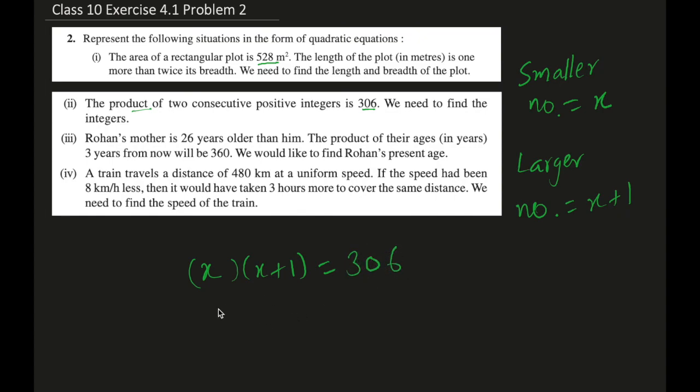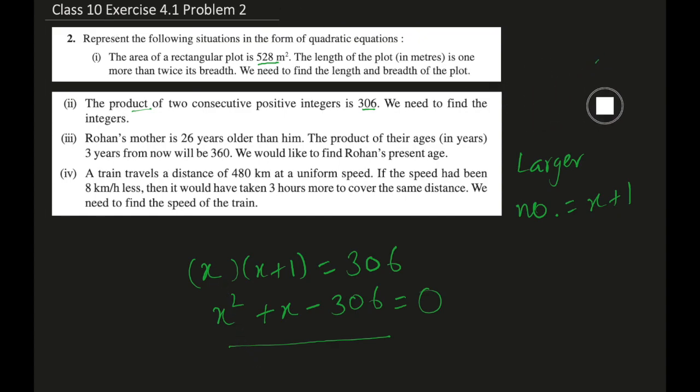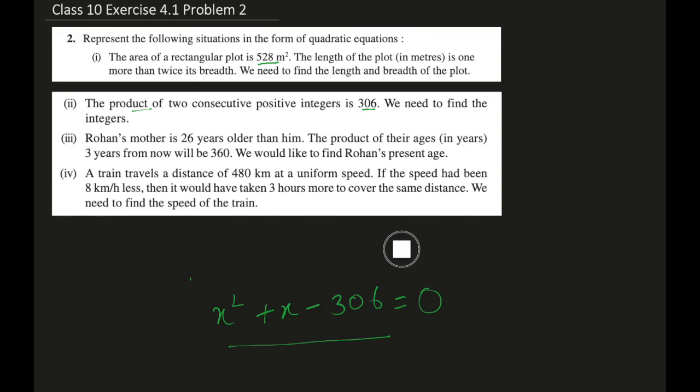Now we can write it as x square plus x minus 306 equals to 0. This will be our quadratic equation. Now you can solve this and get the value of x, that will be the smaller number, and afterwards if you do plus 1, it will be the larger number.